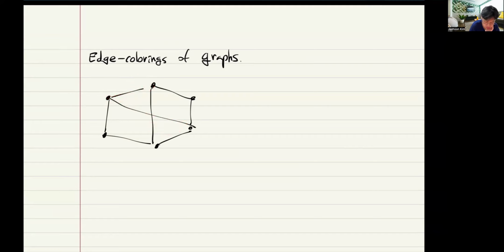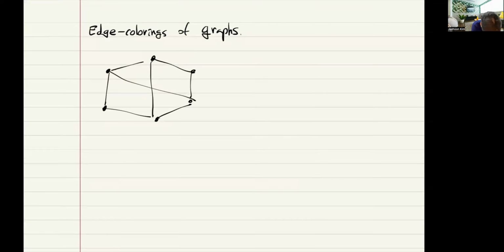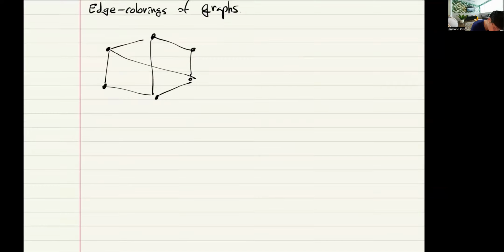So in that case, we assign a time slot for each pair, and those time slots can be represented using colors. You want to assign the colors so that 2 incident edges get different colors. So this is one example where we want to consider coloring on edges.